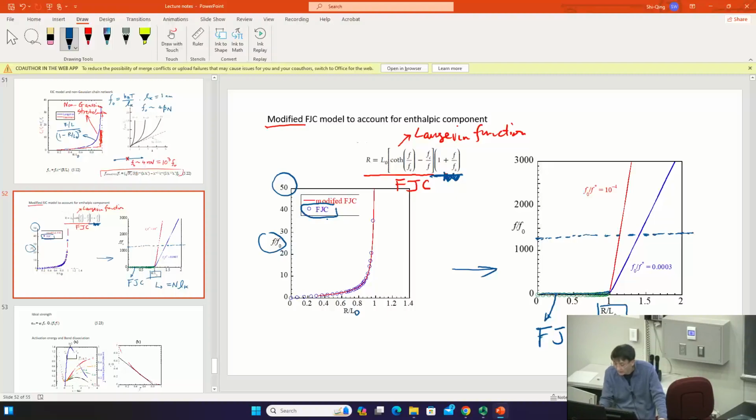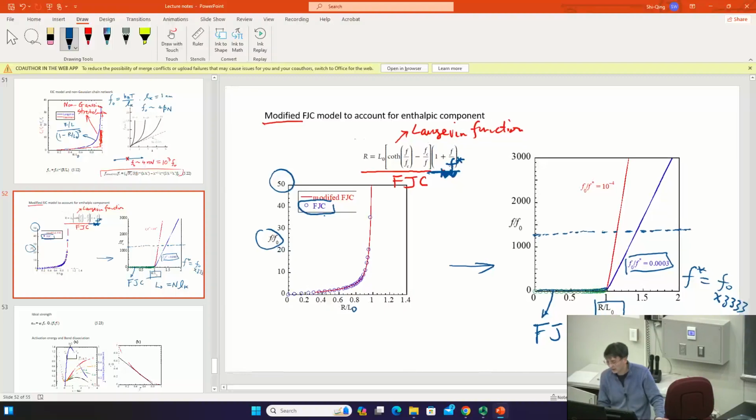Okay, so beyond L0, depending on how I assume this term, I just give a notation of F star. Depending on how I think about this F star, if I choose F star to be F0 times 3,000.